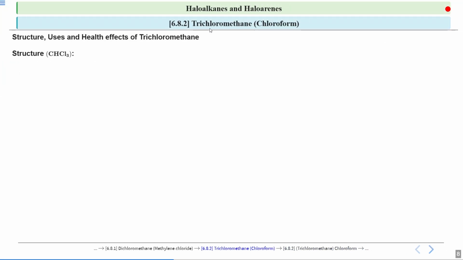Now, let's see the next polyhalogen compound, that is trichloromethane, or you can call it chloroform. It is our next section, 6.8.2. If you talk about the structure of trichloromethane, it has the formula CHCl3. That means one carbon and three chlorine halogen atoms are there in the structure, as the name says.